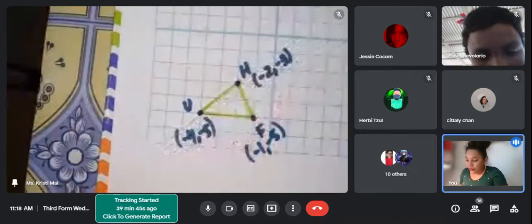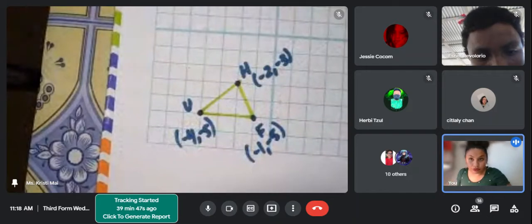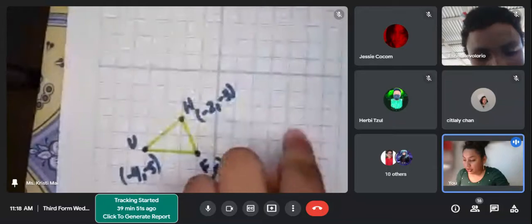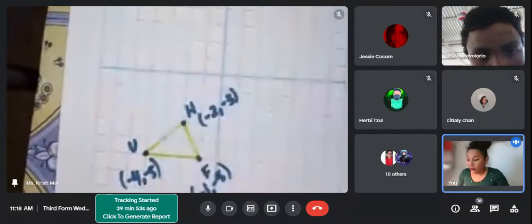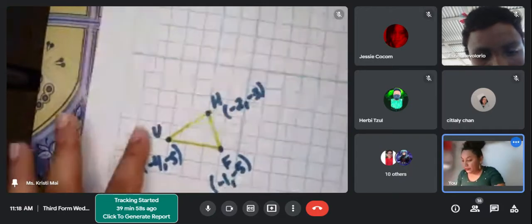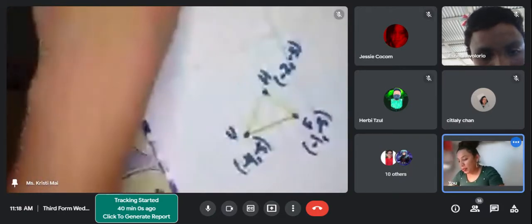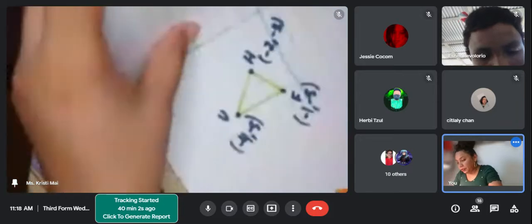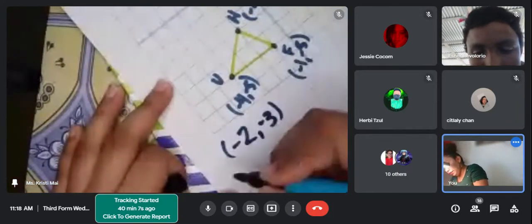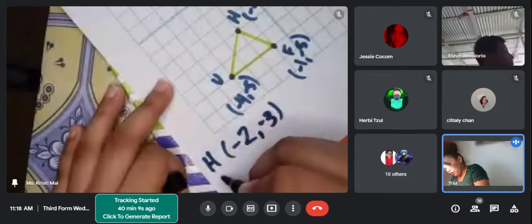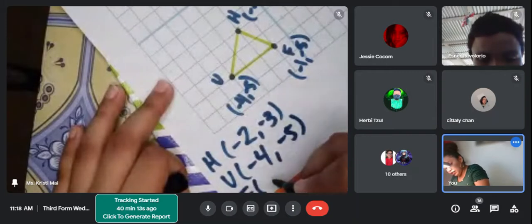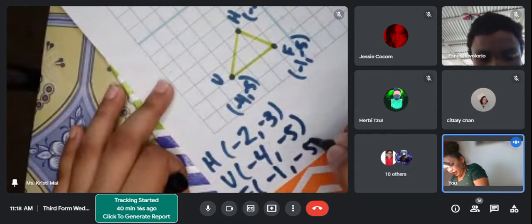Here you go. My triangle in this case is gonna make 2 jumps, right? It's gonna make 1 jump over here, and then another jump over here so that it can add up to the 180. So your triangle is supposed to end up on this side, right? So let's go ahead and make the points for this one. My points are H -2, -3, U -4, -5, and F -1, -5.